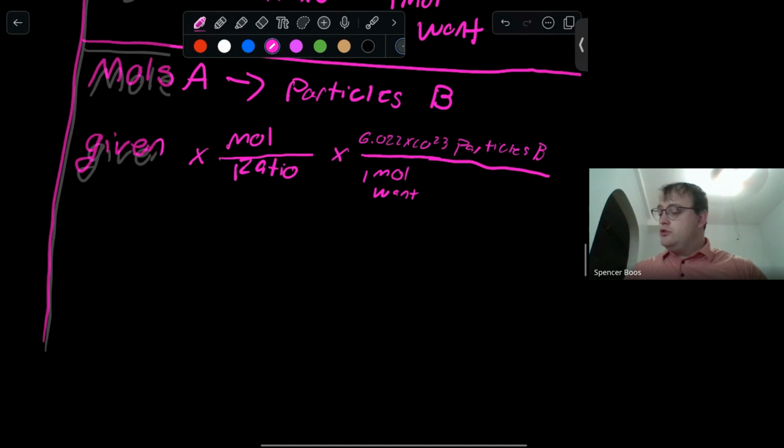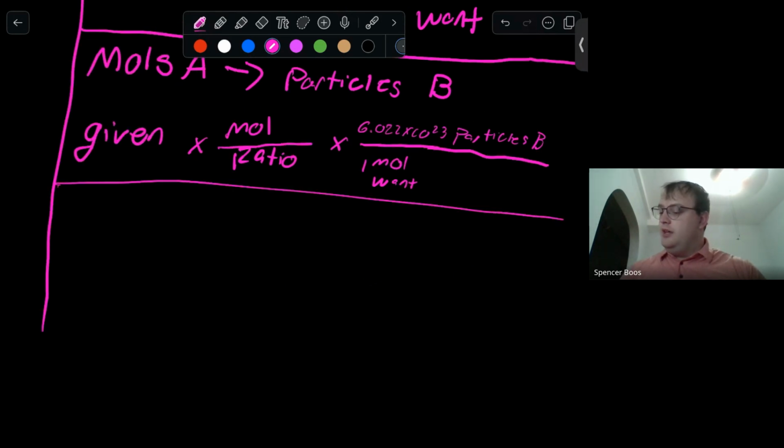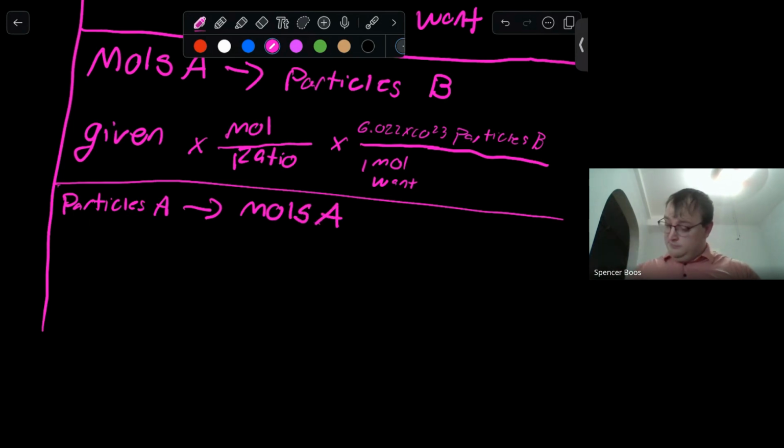We'll actually draw the other version you could get: given your particles of A, 2 moles of A. Here, you do your given.